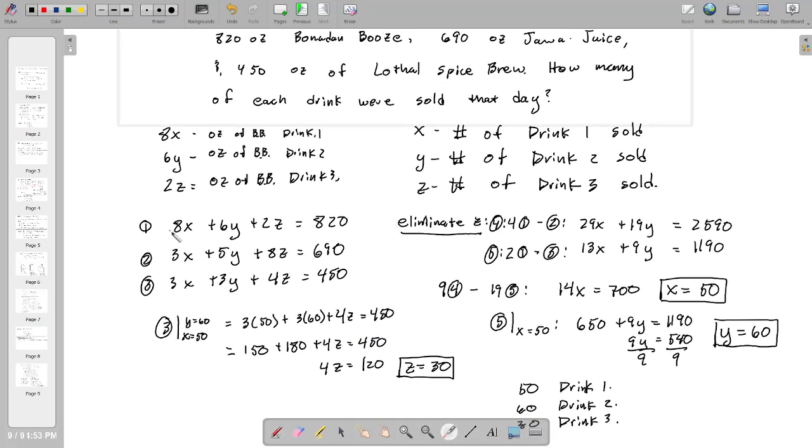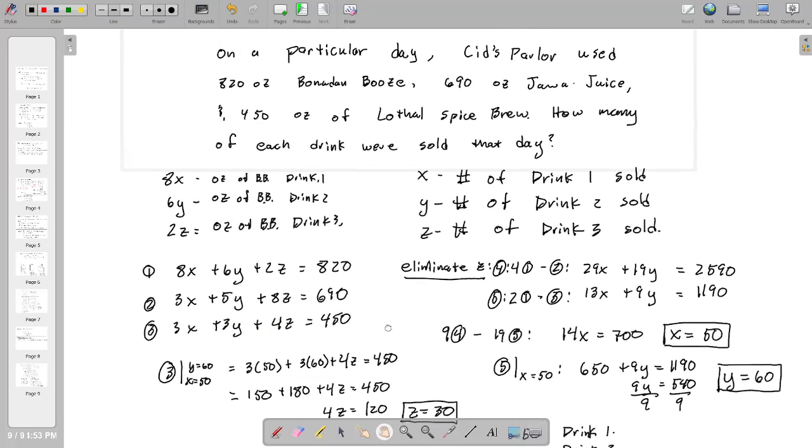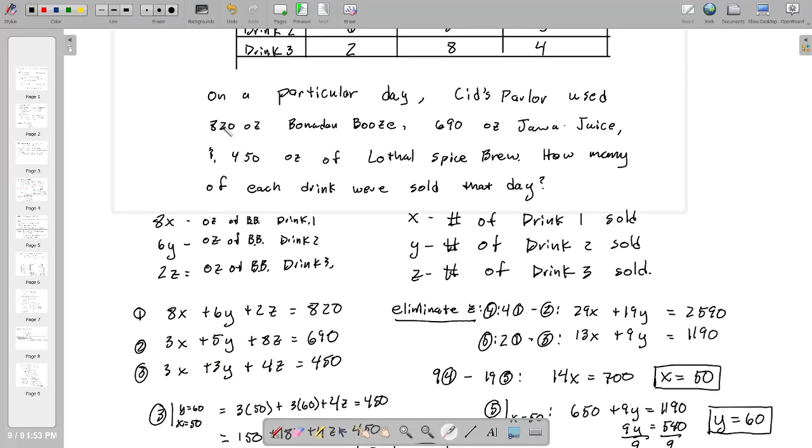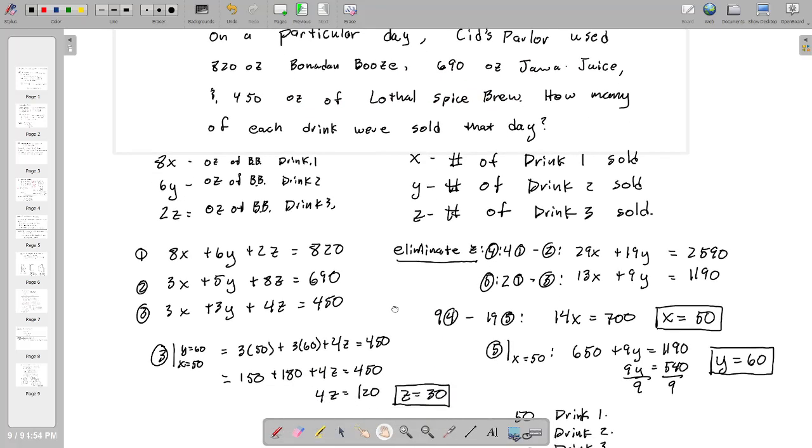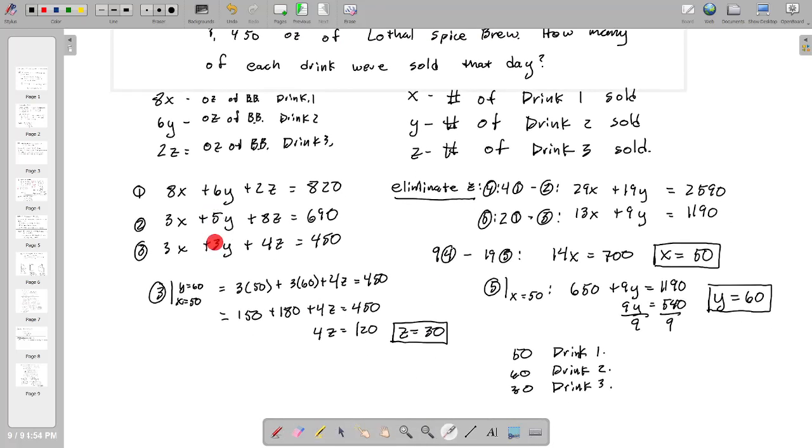This would be the total ounces from drink 1 sold, the total ounces from drink 2 sold, and the total ounces from drink 3 sold. And we compare that with the amount of ounces that we used in totality for each ingredient. And then you simply solve the equation.